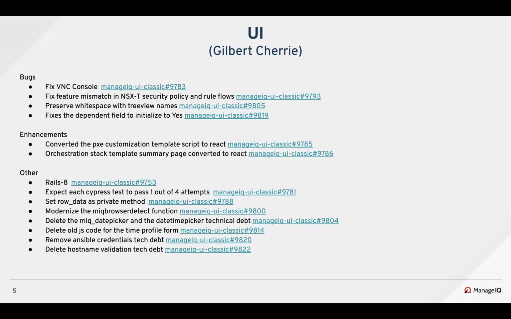I got a PR merged to modernize our MIQ browser detect function. I deleted the MIQ date picker and date time picker technical debt, as well as the old JS code for some of the time profile form. I also had a couple PRs for Ansible credentials tech debt and the hosting validation tech debt. Next slide.